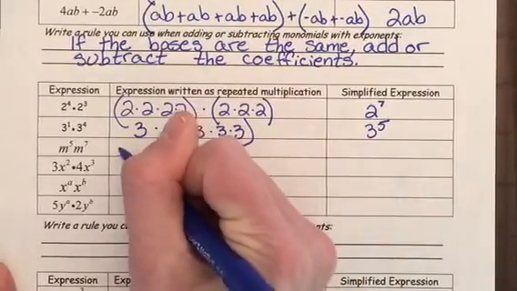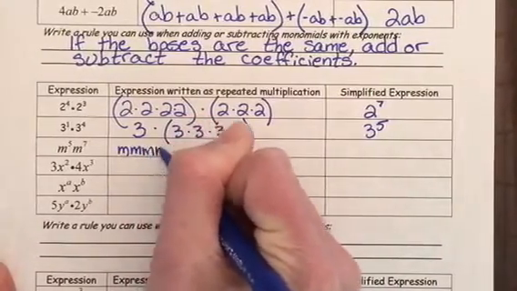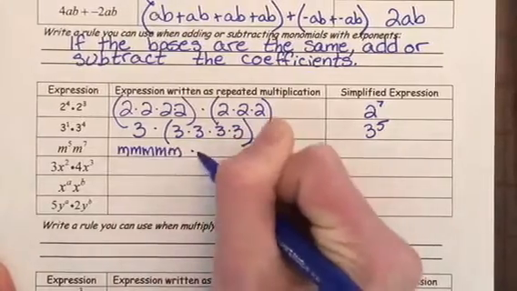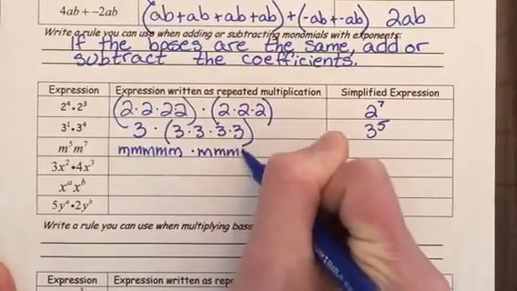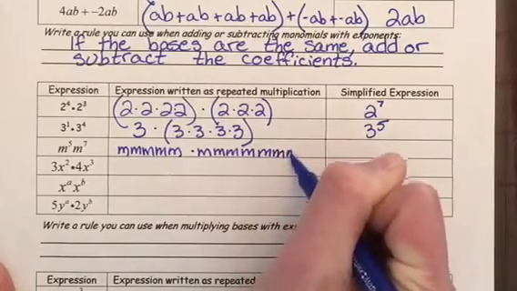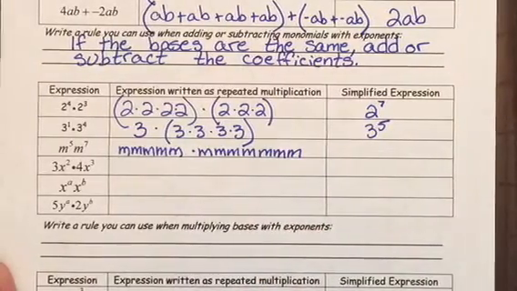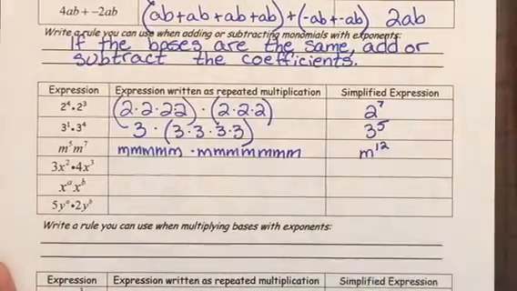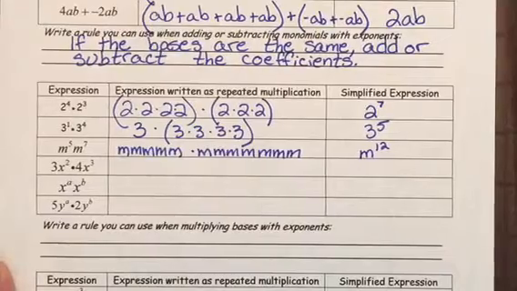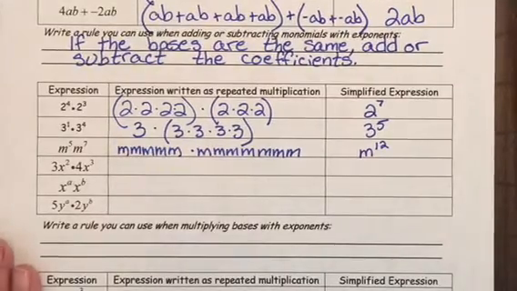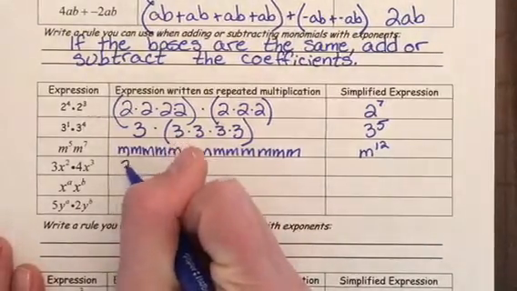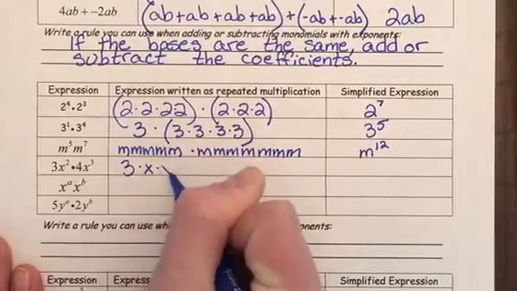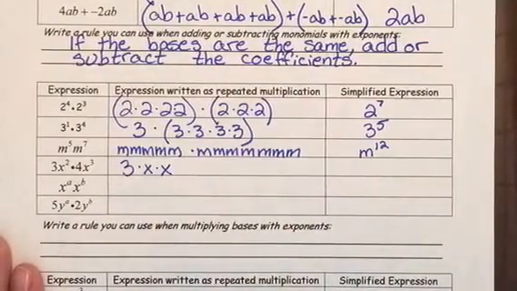So the next example would be m, 5 of them, times 1, 2, 3, 4, 5, 6, 7. Lots of m's. When I count them all up, I end up with m to the 12th. So the next one's a little bit tricky because it has a coefficient in front of each one. And I'm going to suggest that we leave the coefficient out front. So you have 3 times x times x. That's the same as 3x squared.